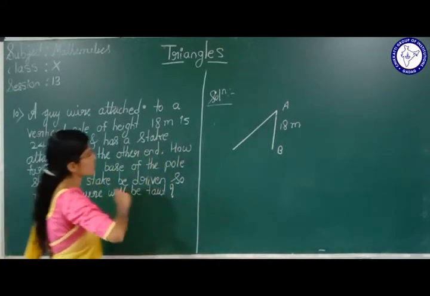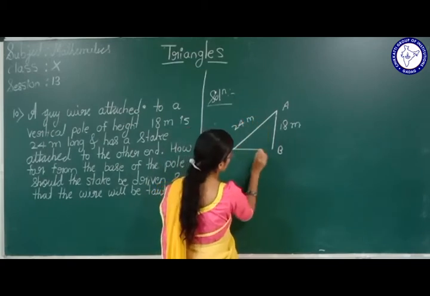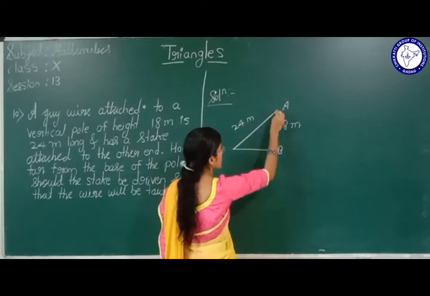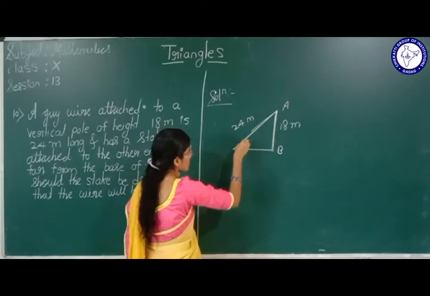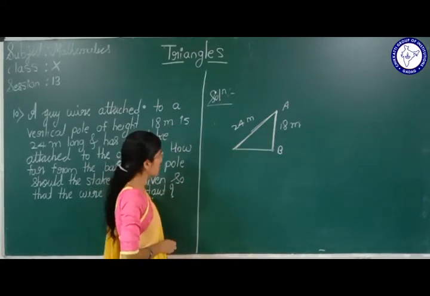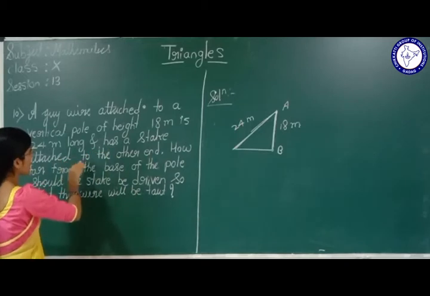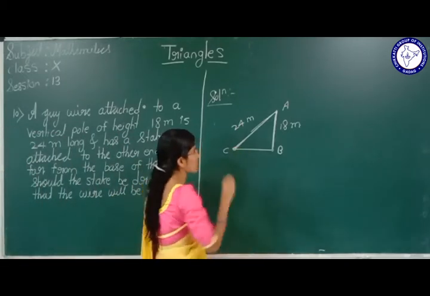The length of the wire is 24 meter. Now see, here one pole is there, that is AB. Here one guide wire is attached, and has a stake attached to the other end. Here C represents the stake.